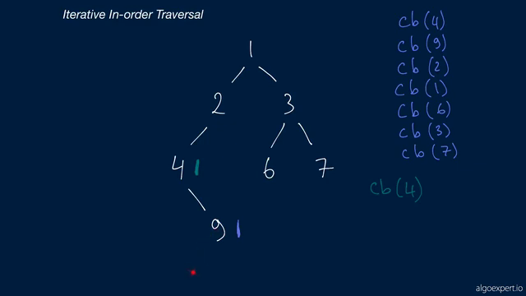We see that we have nothing to the left, okay? So we go back up to our current node and we call the callback on our current node. So we'll call callback on 9. And then we're going to try to go to the right. But because we don't have a right node here either, we're going to go back up to our parent node.